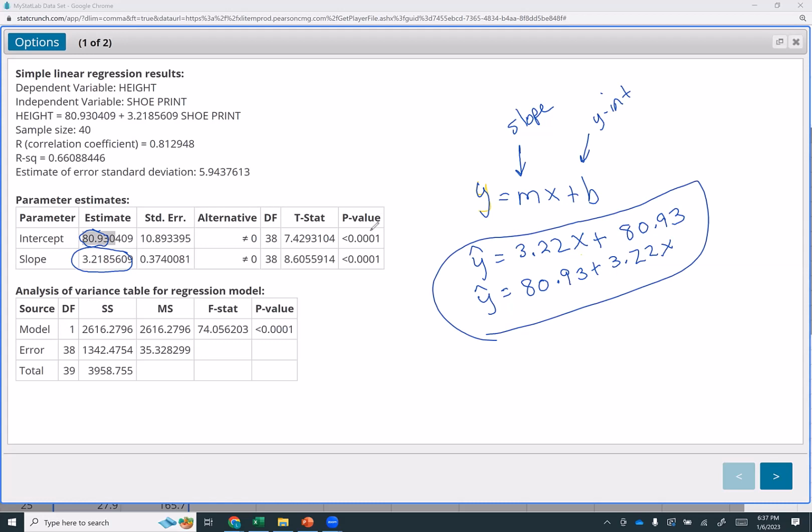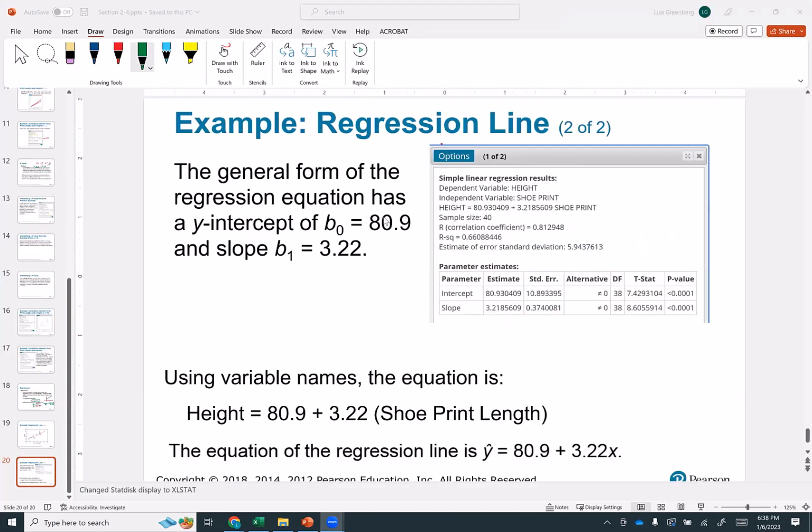And look at our p-value. Our p-value is tiny. What does a tiny p-value mean? And we only look at the p-value for the slope, and you can use this p-value. These p-values will match. So this is telling me I have a good estimate. The general form of the regression equation has a y-intercept of 80.9.